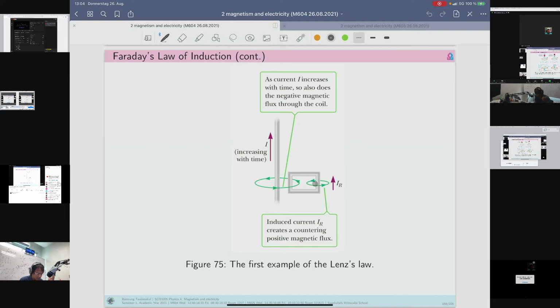Here is the figure that explains the mechanism of generating the magnetic field against the increasing magnetic field stemming from the movement of the permanent magnet.